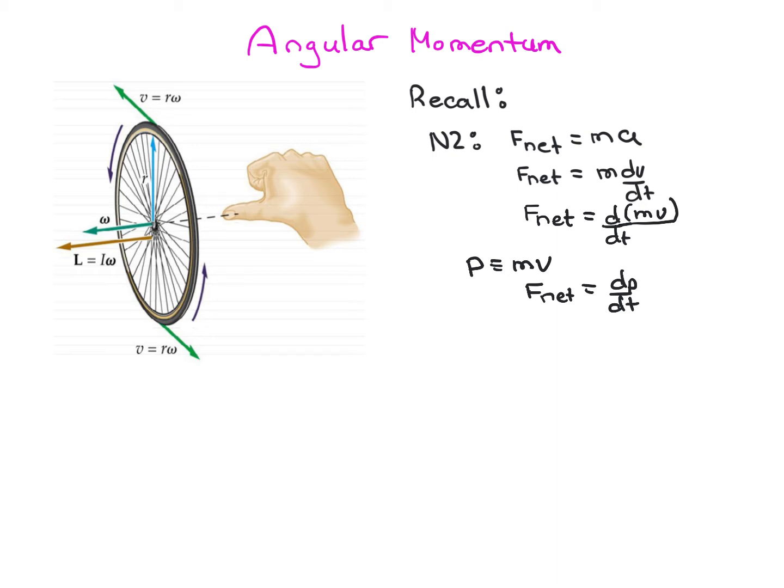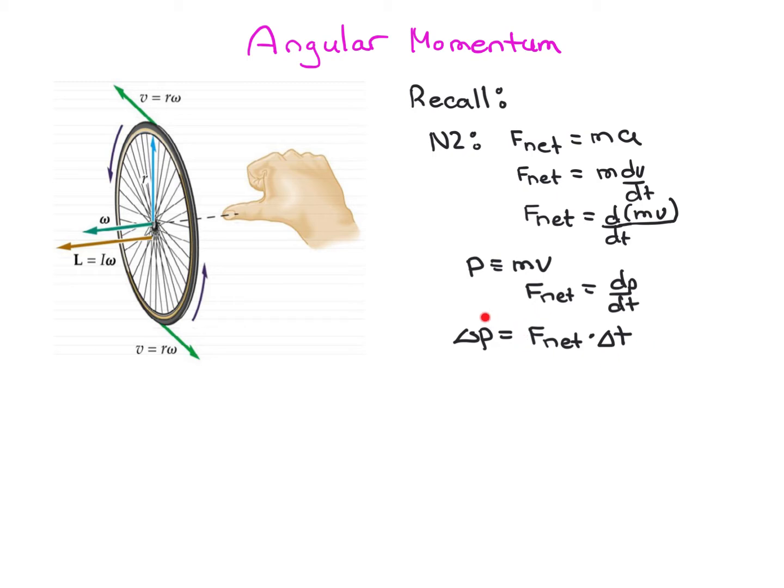Or another useful form: if you consider a short period of time, delta t, in which the force remains constant, we have that the change in momentum is equal to the force times the time interval delta t. We call this quantity on the right the impulse.